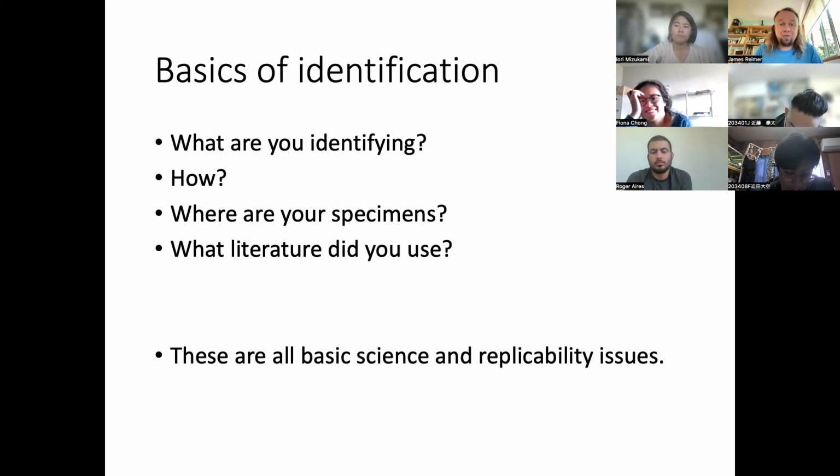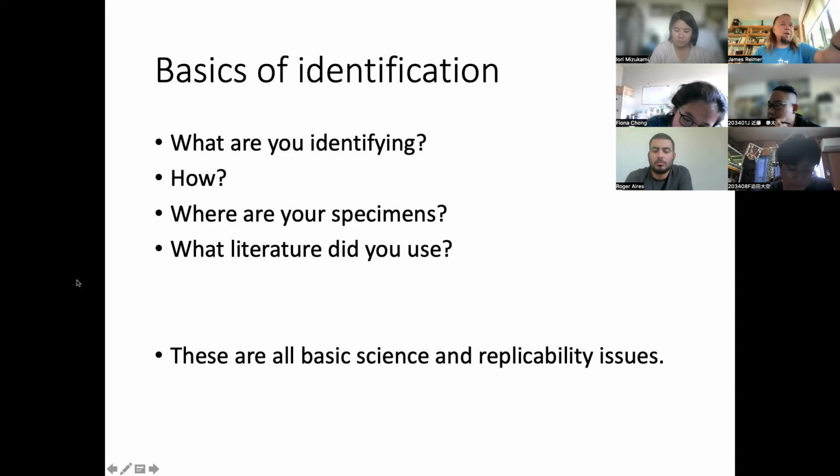Who's keeping them? What's their number in the museum? Because this information is the same as a notebook or as data generated from ecology. You guys know, down here at the bottom, replicability.